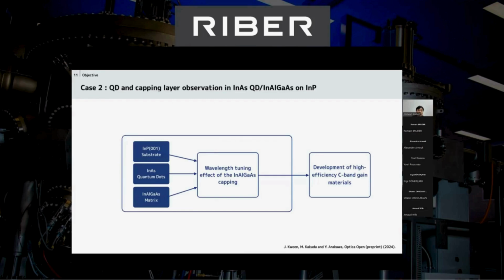And I will introduce the second case, quantum dot and capping layer observation in indium arsenide quantum dot, indium aluminum gallium arsenide on indium phosphide. We use the indium phosphide 001 substrate, and we grow the indium arsenide quantum dots with the indium aluminum gallium arsenide quaternary matrix.